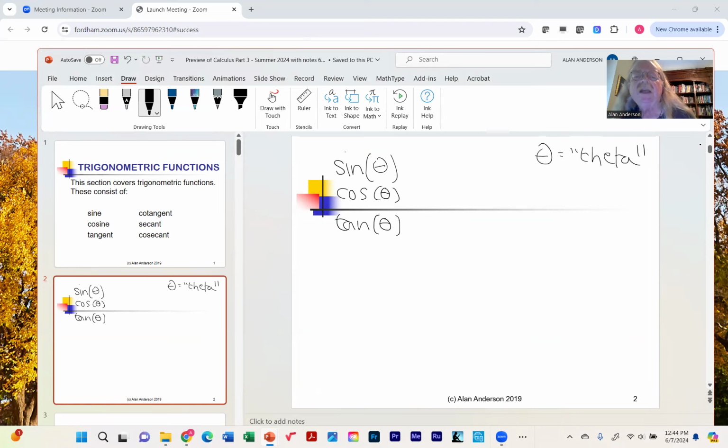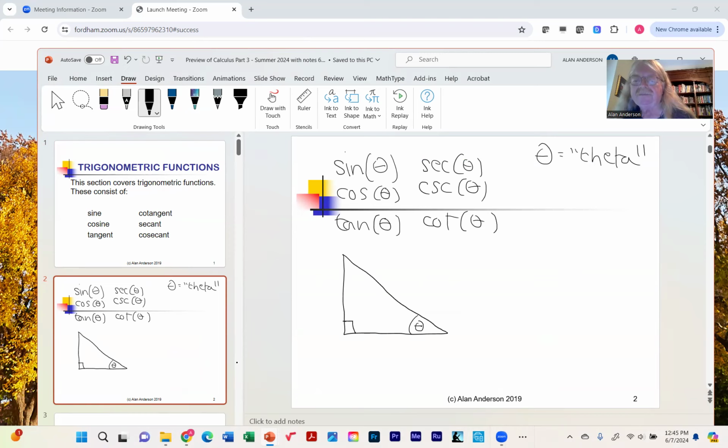Ultimately, all of these are just ratios. Imagine we have a right triangle, and here's theta. This is a 90-degree angle. Recall that a triangle has 180 degrees altogether, so if this is 90, the other two angles have a total of 90. What if I want to calculate these functions for theta?